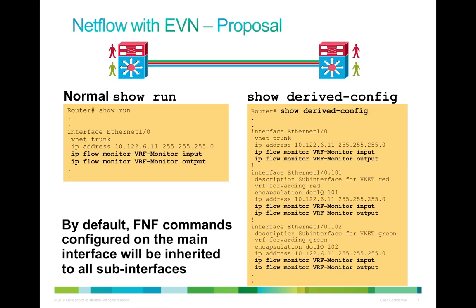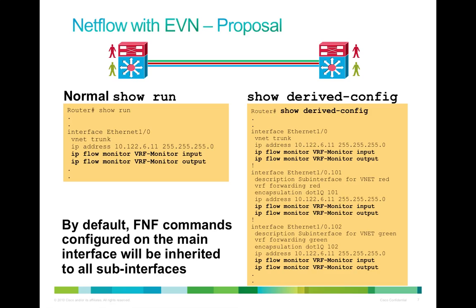All of the virtual networks defined in the global configuration will inherit these commands into their own configuration. And again, if you remember, in the global configuration the VRF definitions include a VNet trunk command with a subinterface ID or number that defines what that subinterface would be.